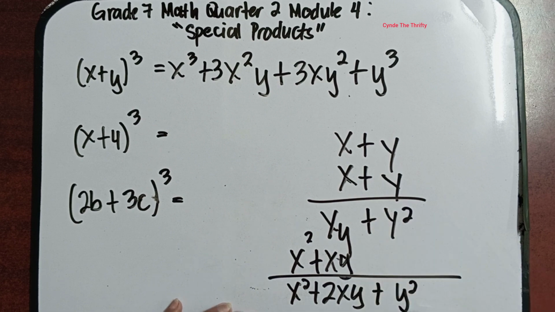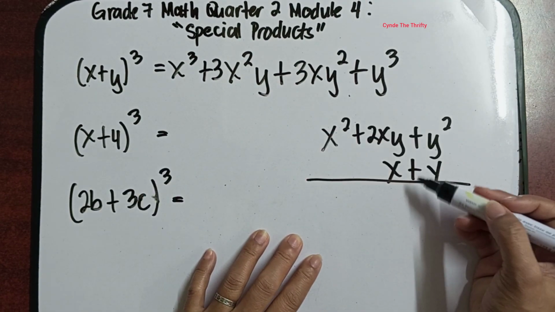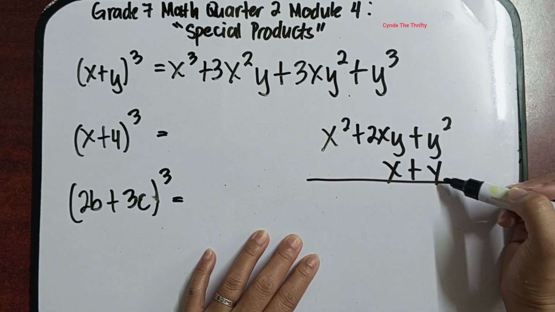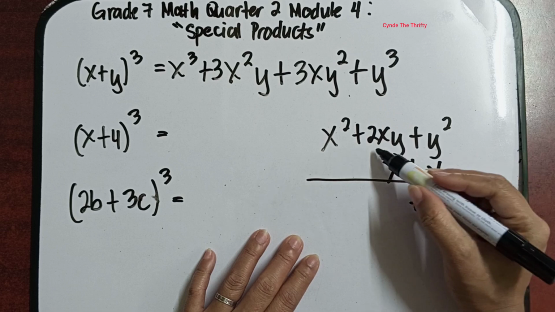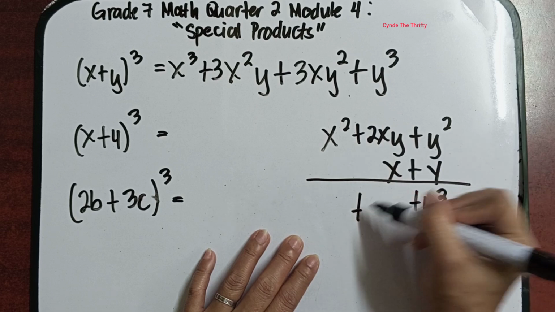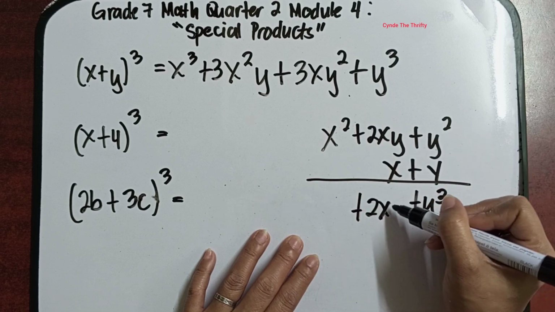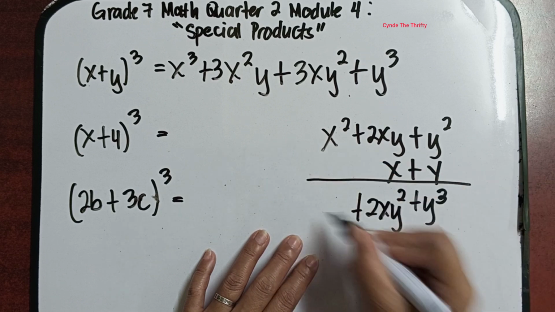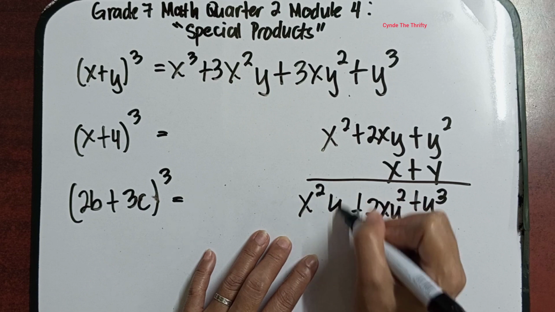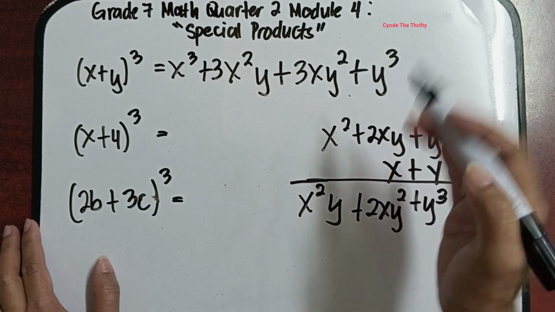I-multiply na naman natin siya sa x plus y kasi 3 times kasi cube ang ating exponent. Okay, so i-multiply naman natin siya sa y. So, y times y squared is equal to y cubed. And then y times 2xy is equal to 2xy squared. And then y times x squared is equal to x squared y. Okay, o di ba nakakalito?